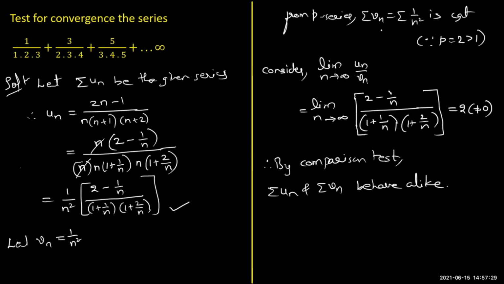But already we have seen, summation vn is a convergent series. Since summation vn is convergent, therefore we can say summation un is also convergent. Right? So that's how you can identify a suitable technique and then you can even solve it.